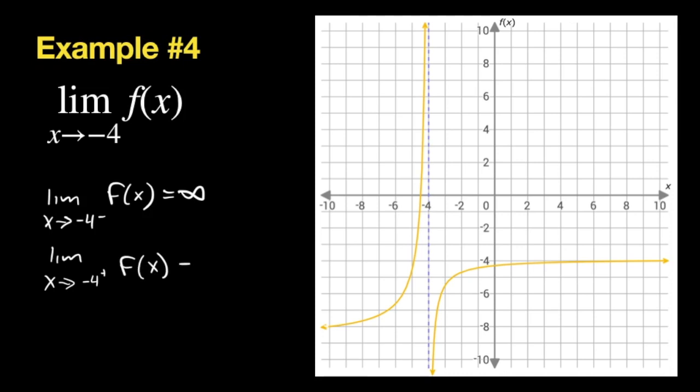So in this case, first, we know that it's not going to a specific y value. We know that infinity is not a specific y value. That is just a notation. So in this case, because you see that they're going to opposite sides, it's not going to the same specific value, we're going to say that the limit does not exist.